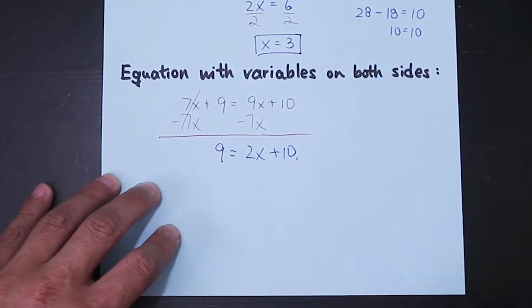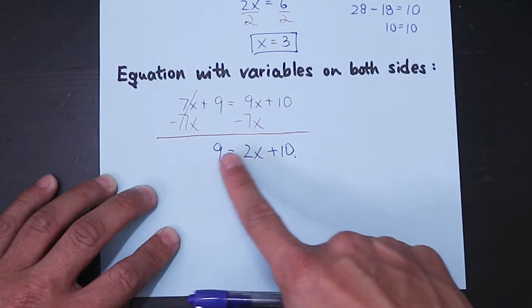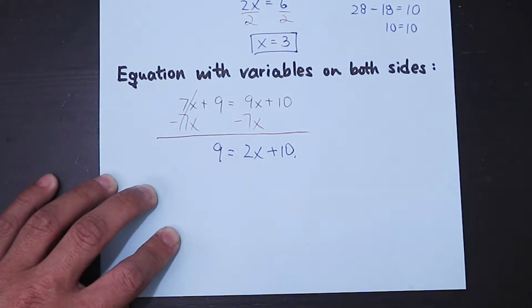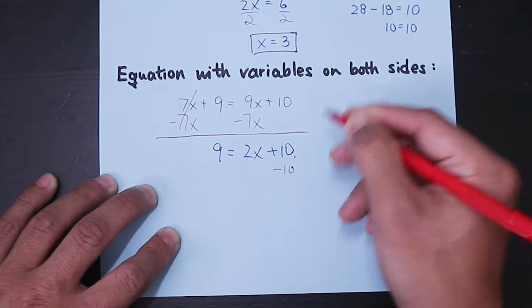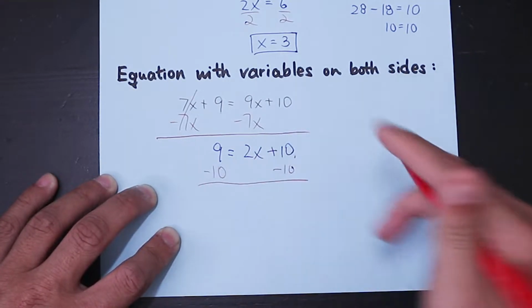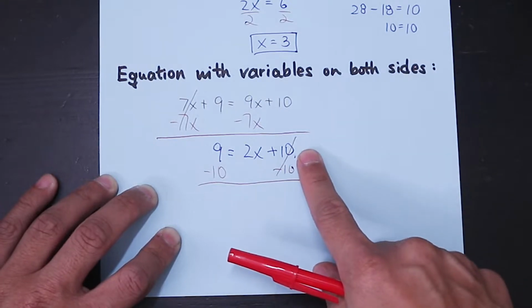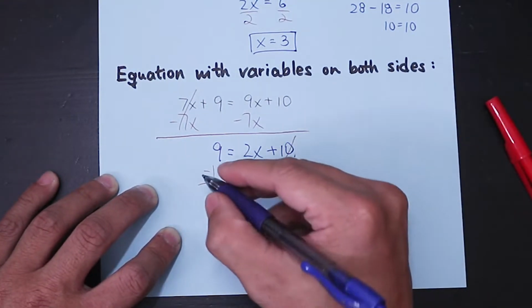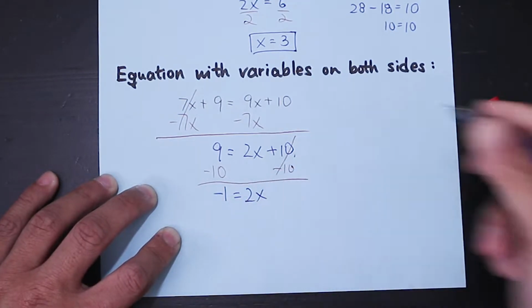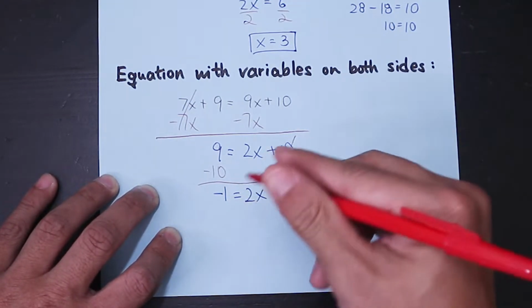Then from there, since you have 9 and 10, a constant, you want to isolate the variable term by removing the constant next to it. In this case it is positive 10, so the opposite of positive 10 is minus 10. You cross out the 10 and negative 10, and on the left side, 9 minus 10 is negative 1. So negative 1 is equal to 2x. At the end, you divide both sides by 2.